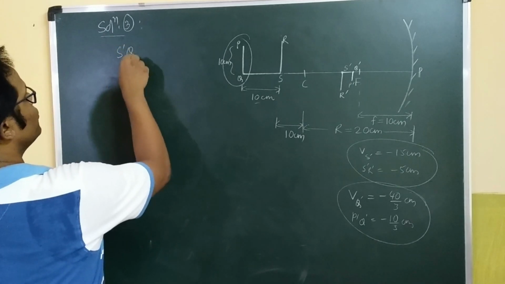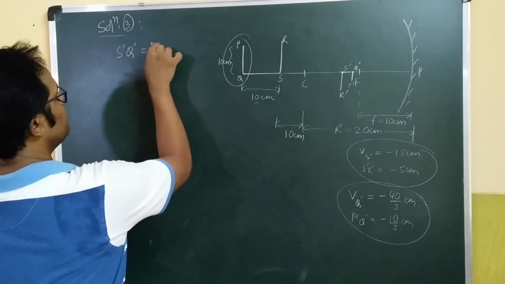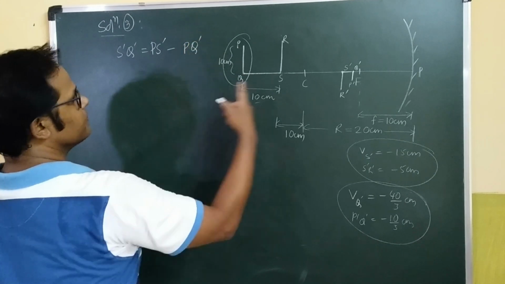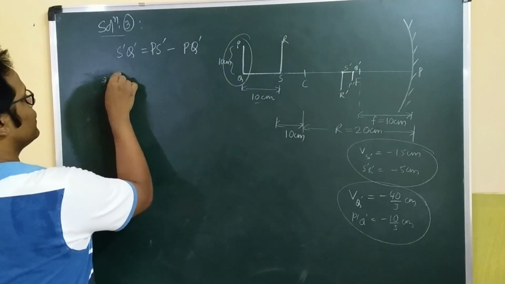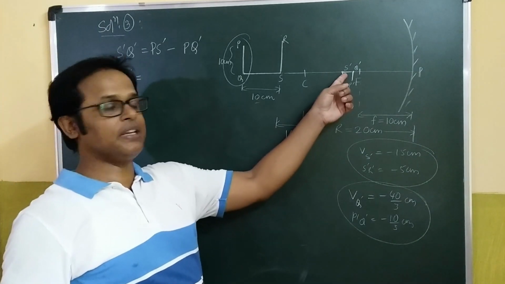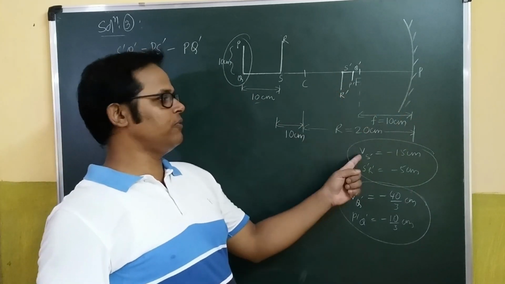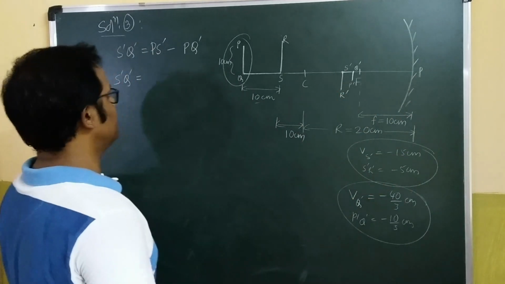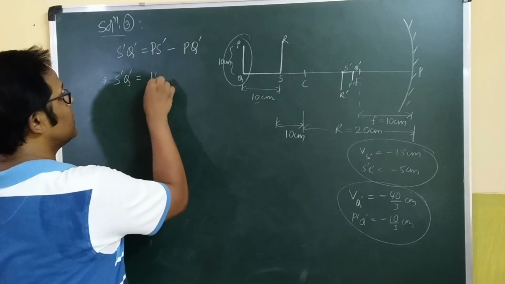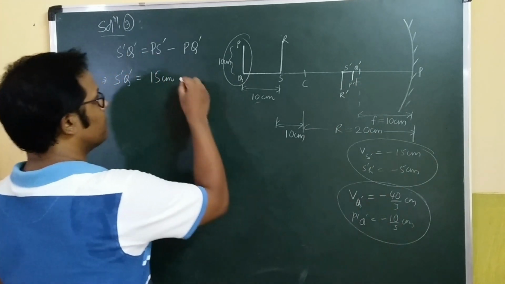S prime Q prime should be equal to P S prime, from pole to S prime, minus pole to Q prime. So nothing to get puzzled about with these alphabets. S prime Q prime is very clear in the diagram. P S prime means the image distance of S prime, which I have noted over here, 15 centimeters. We need not use the sign convention right now, that is 15 centimeters away, and the other end was how much away? 40 by 3.